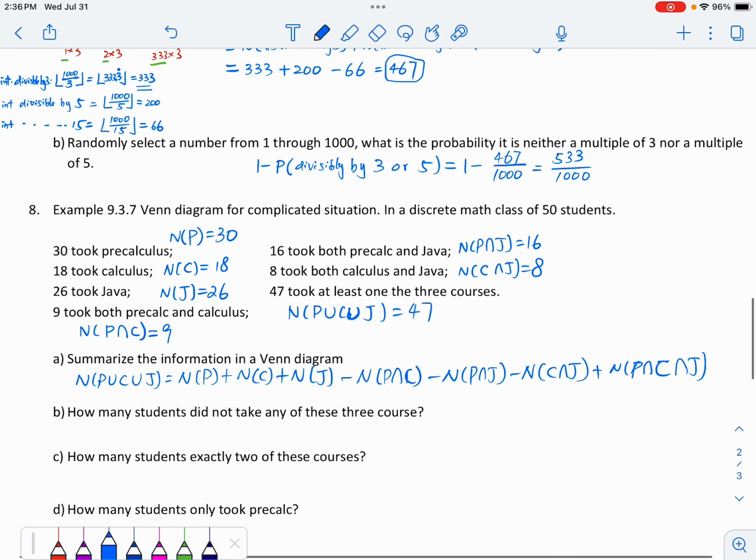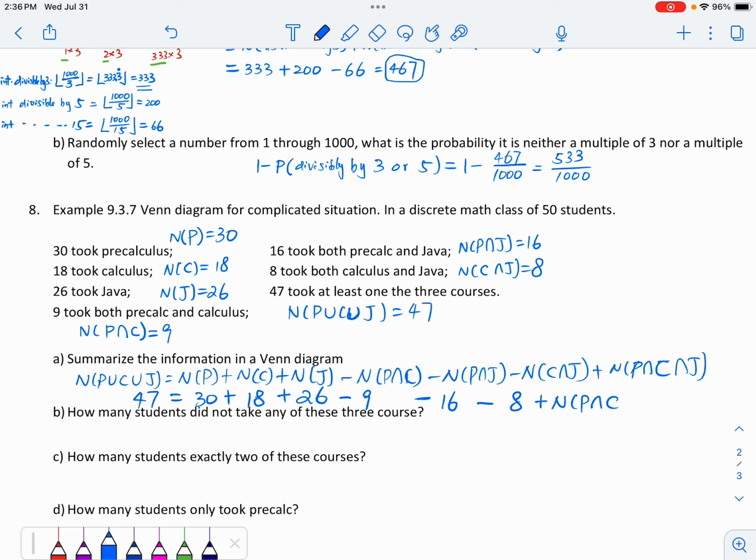Now let's plug in the numbers. So 47 equals 30 for pre-calc, and calculus is 18, Java is 26, and then pre-calc and calc 9, minus 16, that's pre-calc and Java, minus 8, plus the triple intersection. Okay.